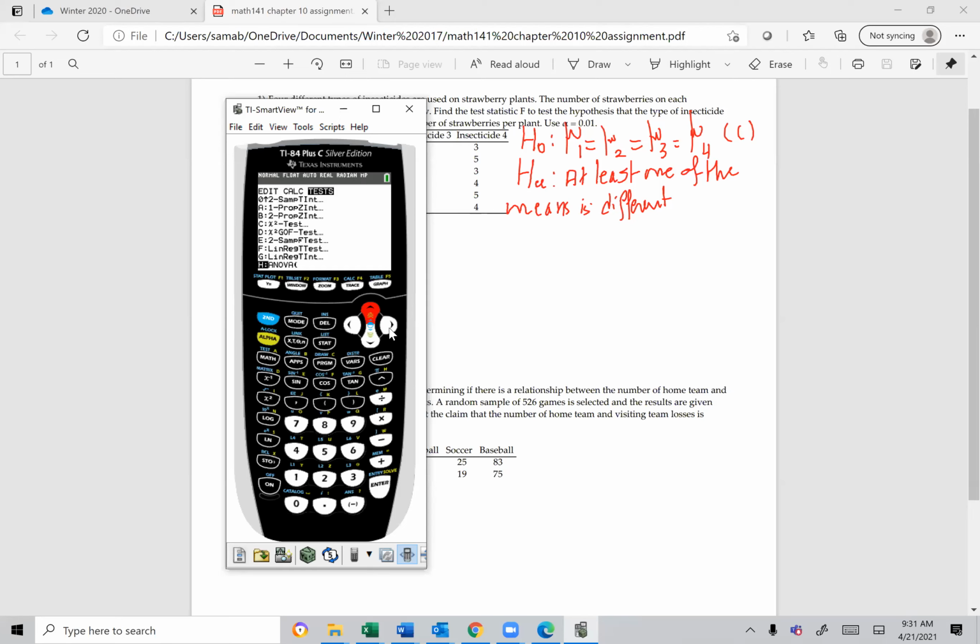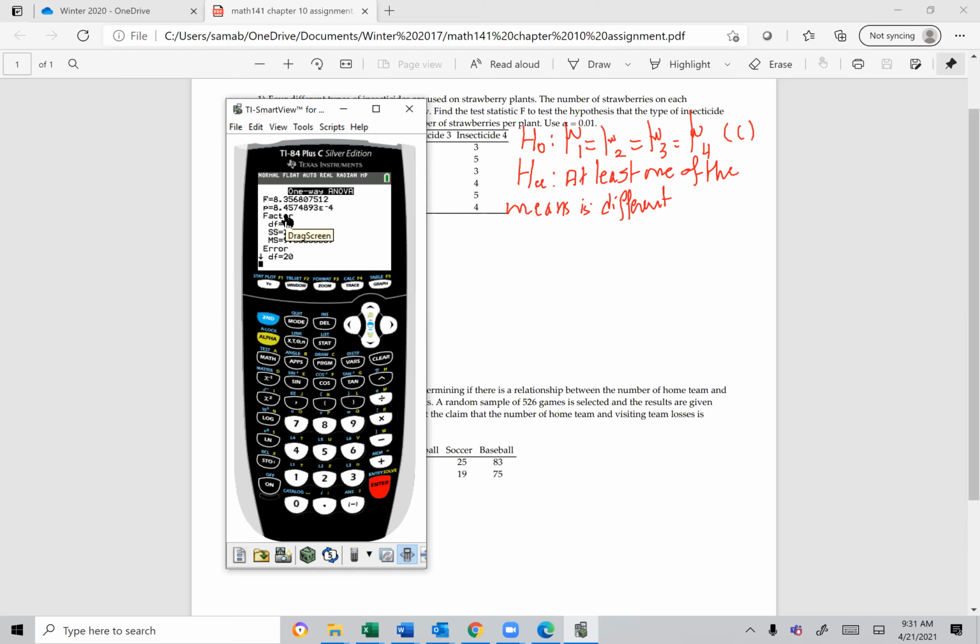So we go to STAT, TESTS, ANOVA, and we enter L1, comma, second L1, comma, second 2, comma, second 3, comma, second 4, and then we close. There you go. See, it's as simple as that. And then we press enter, and we get the test statistic, and we get the p-value.